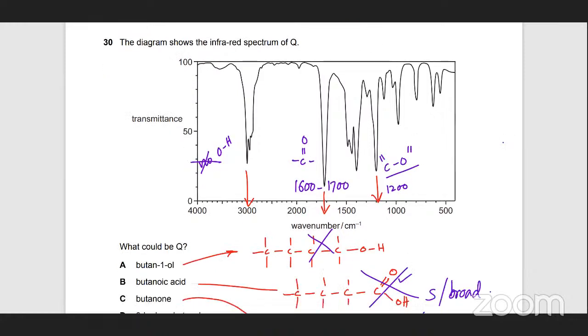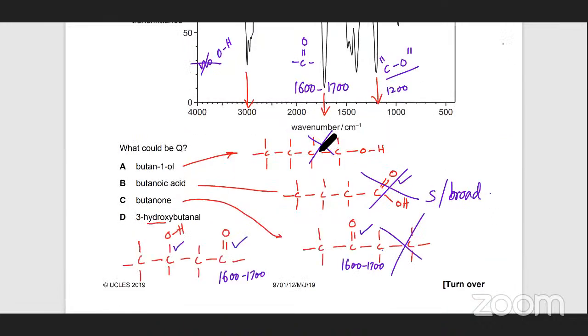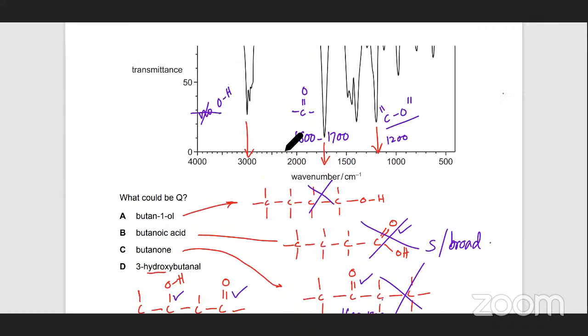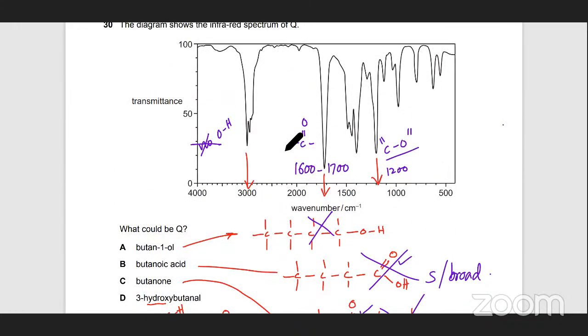mainly because of this. Does anyone get the reasoning over here? Zaib, is this clear? Aba, Rida? Like, if the graph is showing that the absorption is near the range of the alcohol, so we can assume that it is forming an alcohol.